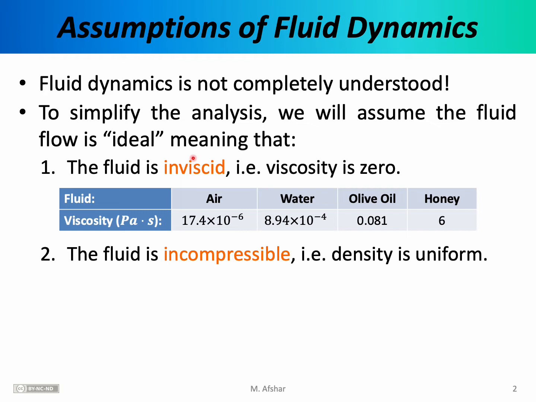The fluids that we'll be discussing will also be incompressible. We will be discussing only fluids that cannot be compressed, or more precisely, fluids whose density is uniform. So we will assume that the density of the fluid is essentially constant throughout the flow. Now, air is actually quite easily compressed.